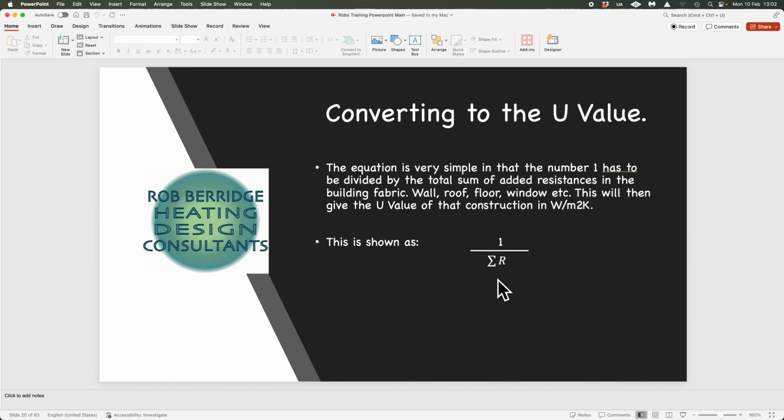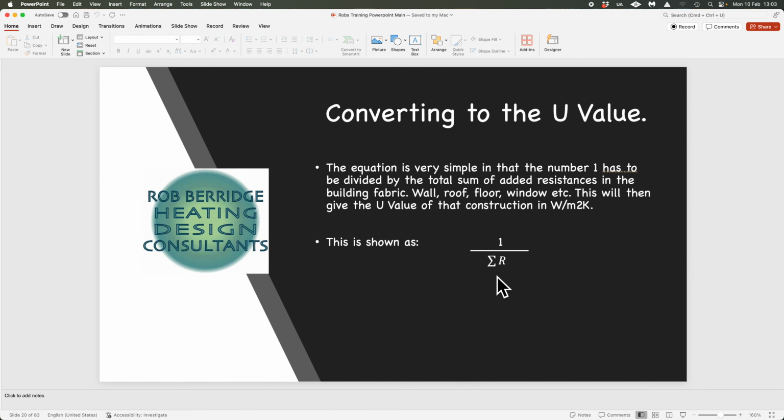Now, this little symbol here is a sign. It means the sum of. You'll see it in some equations. It just means the sum of. So when we want to convert a resistance value to our U value, remember we said that it's meter squared Kelvin per watt, and we want to turn it around to make it watts per meter squared Kelvin, which is basically flipping the equation upside down.